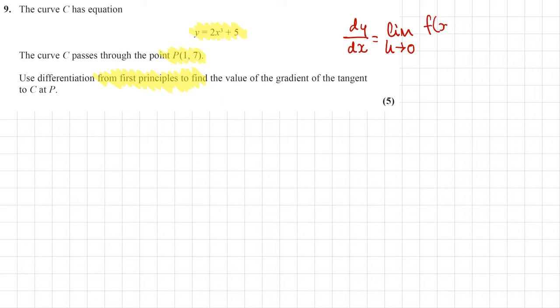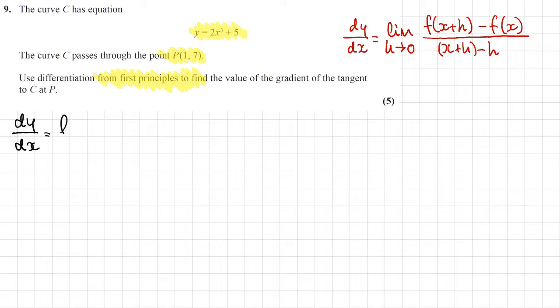So the change in y is f of x plus h minus f of x, divided by x plus h minus x. I guess I should use the function notation over here, but you know what I mean.